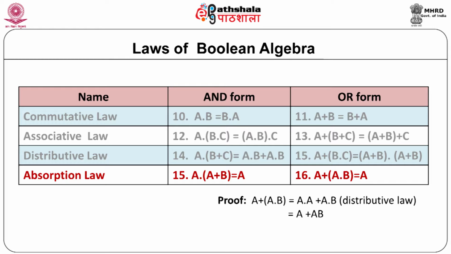The right hand side gives us A OR A AND B, since A AND A is equal to the variable A itself. A AND (1 OR B), we can take A common. So, we get A ANDed with 1, definitely the result is A. Thus, we have proved the absorption law.